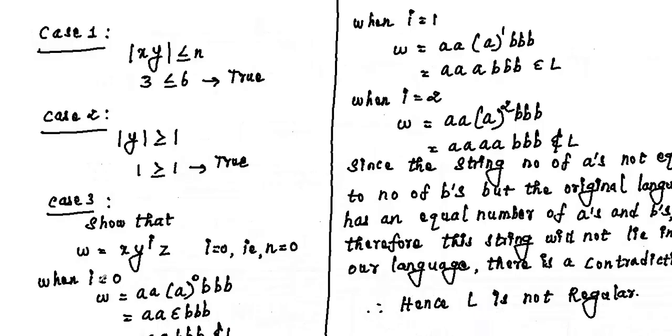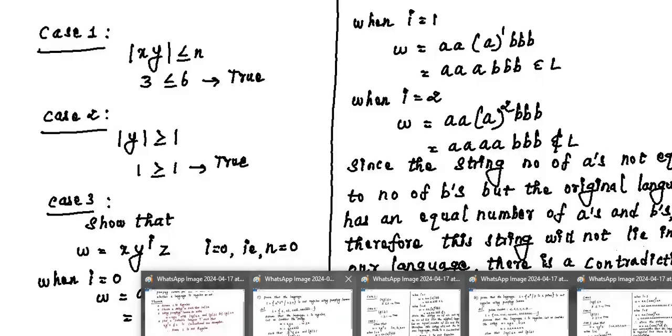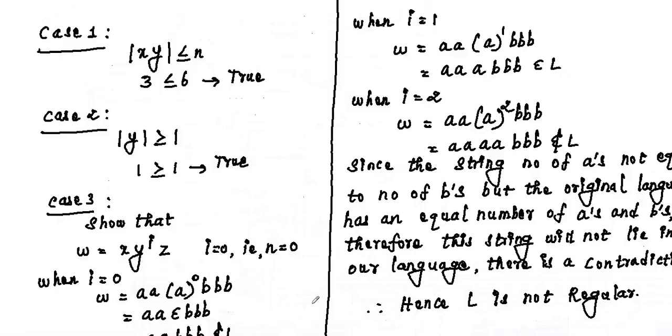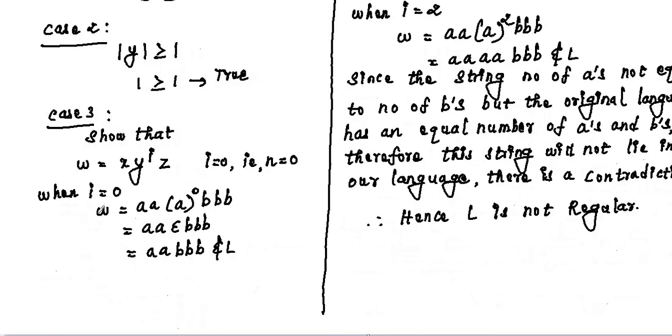So when i equal to 0, W equal to, what is the value of x? We already mentioned the x, y, z values. Here x value is going to be AA, y value A, z equal to triple B. Here you substitute the value: x value AA, y value is A raised to the power i, which means your n value starting from 0, that is your i value.